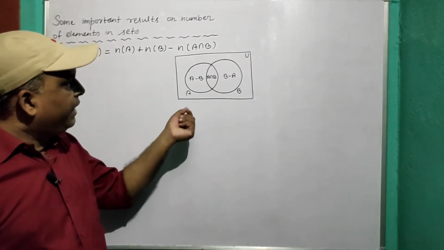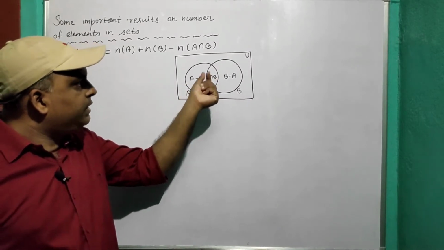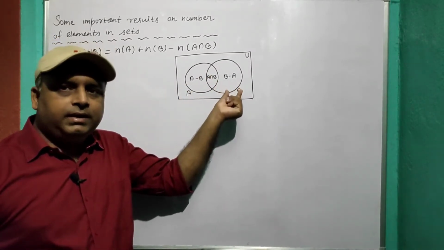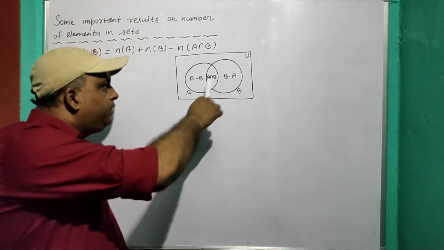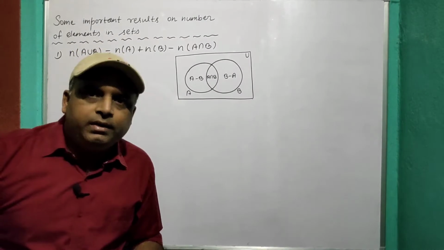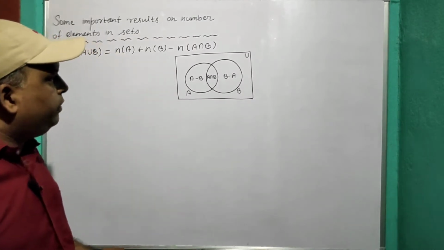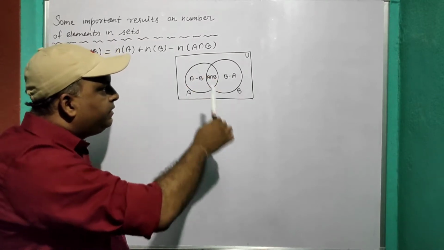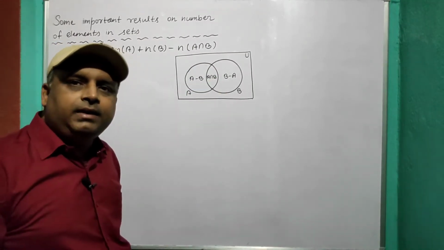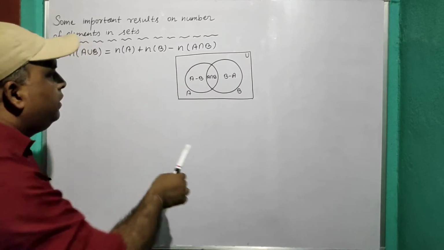So if you add this A minus B plus A intersection B plus B minus A, then you will get these complete circles, and these two complete circles represent A union B. So we can say that n(A minus B) plus n(A intersection B) plus n(B minus A) gives you n(A union B).